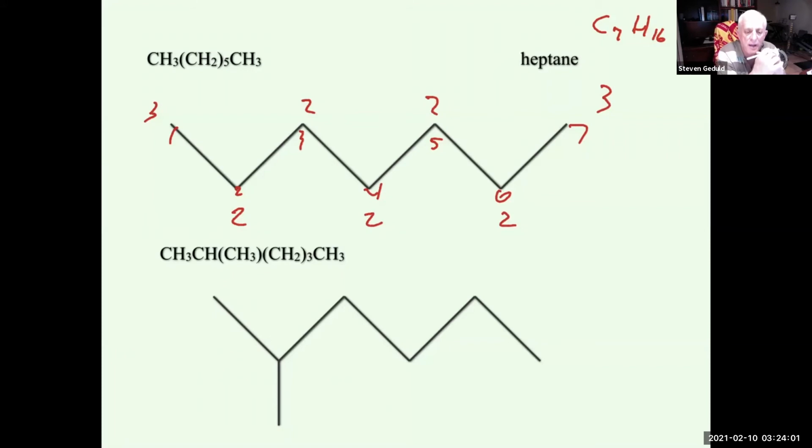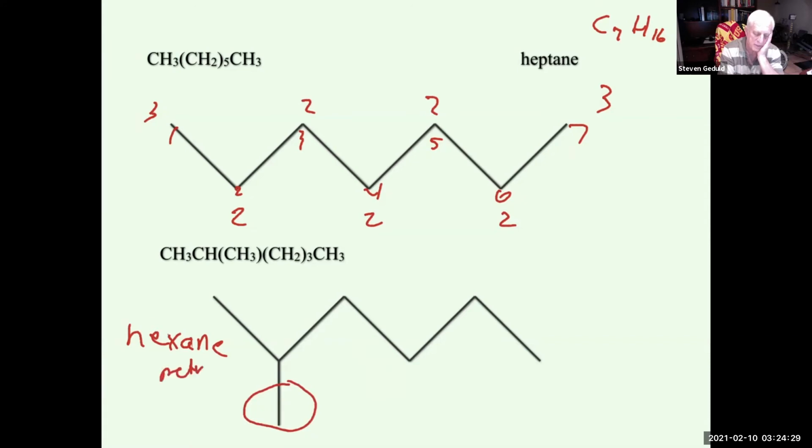What's the IUPAC name for this one? What's our longest carbon chain? It's 6, right? So a 6-carbon chain is hexane, 6 carbons, all single bonds. And what's this attachment right here? What's this group called? 2-methylhexane.